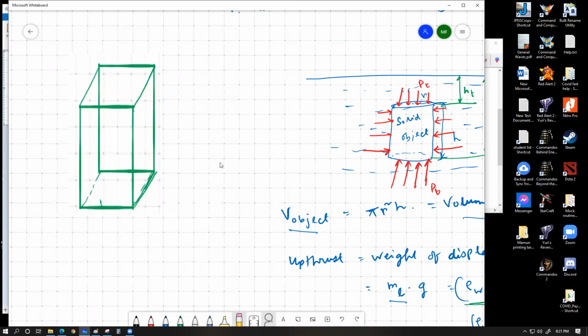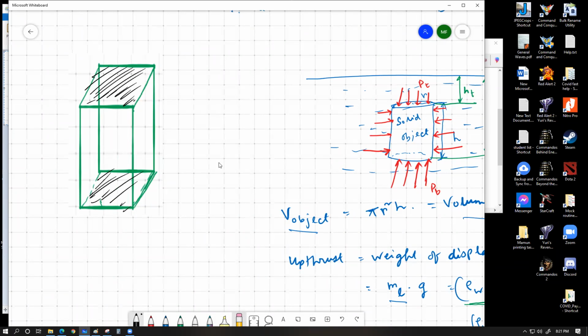What is going to happen for this orientation is that the upthrust should be calculated by the pressure that works across this surface and the bottom surface, and the relevant height for the difference in the pressure would be the side length. So you're going to come across some number.